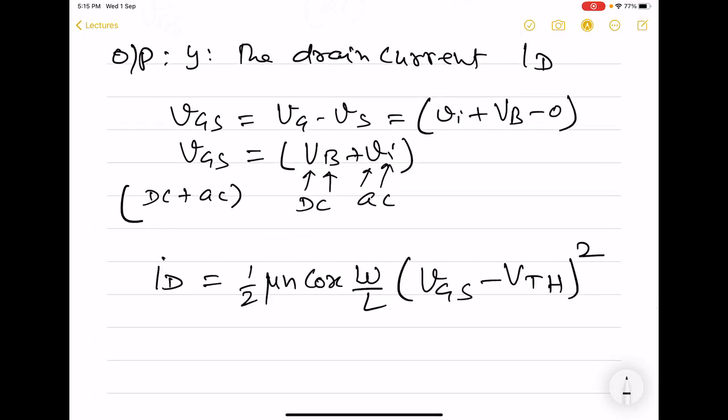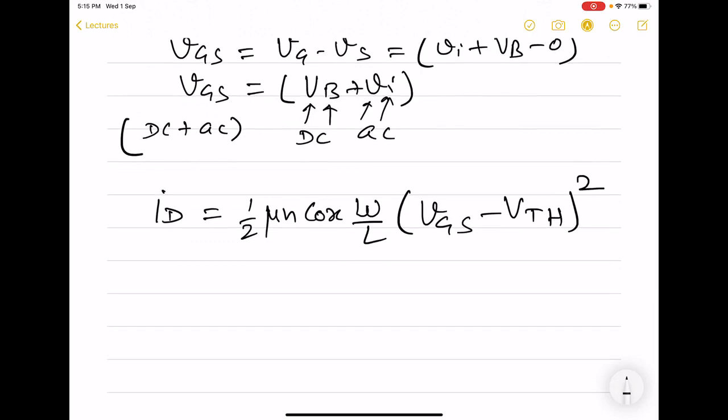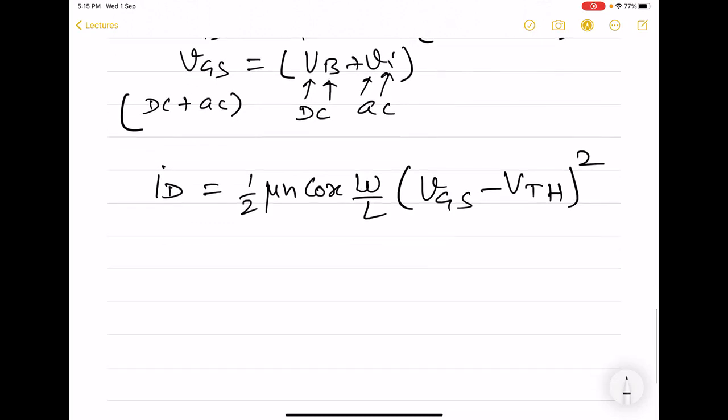It serves most of the purposes that we encounter in analysis or design. So VGS we have already found out, and this is the threshold voltage. This is a DC quantity. This is a small number. We will be designating this number by K. This will occur very often in this lecture.